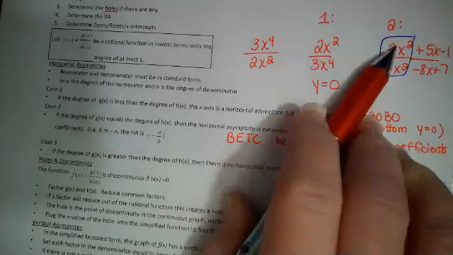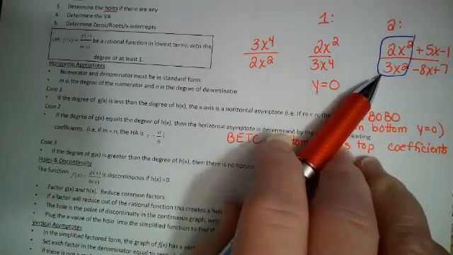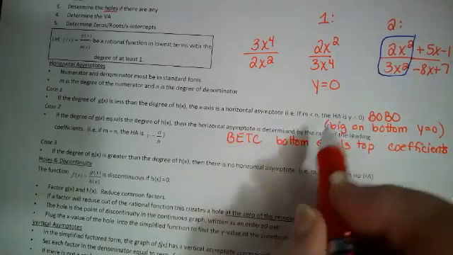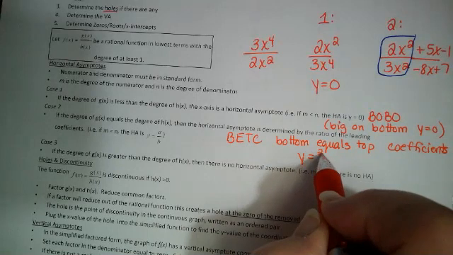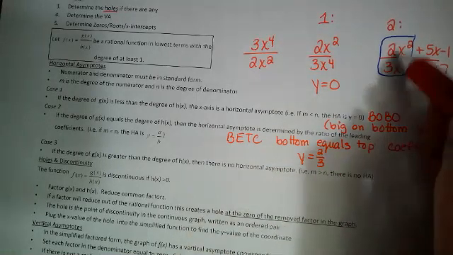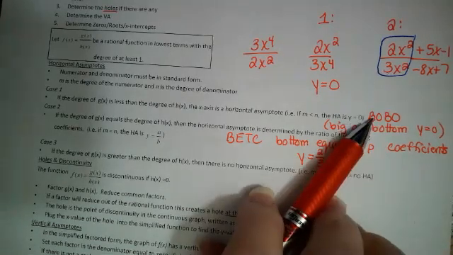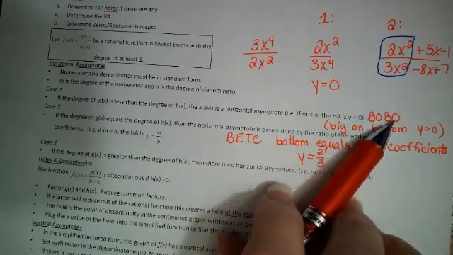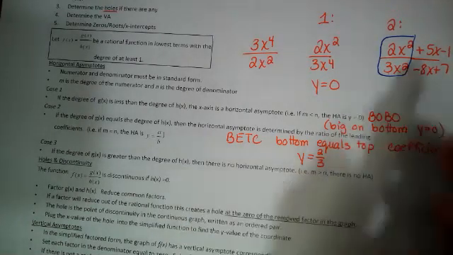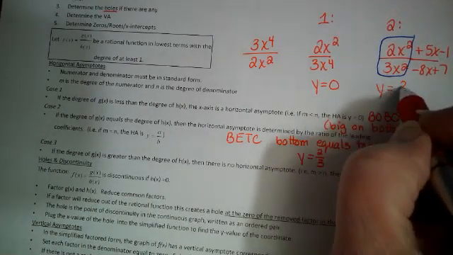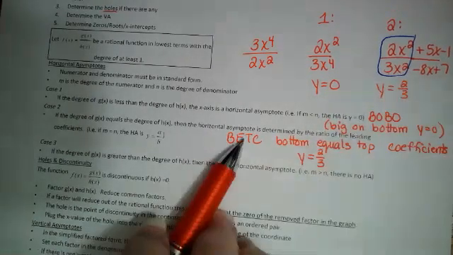So on this one, we just say y equals 2 over 3. So that's Bobo if it's bigger on the bottom. This is Betsy if the bottom equals the top.